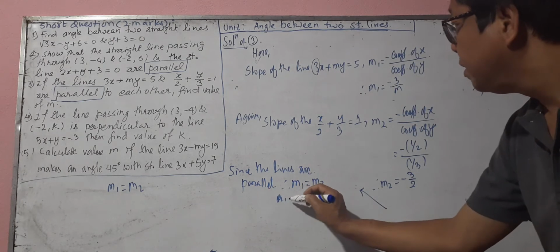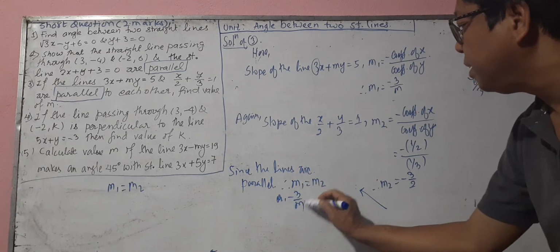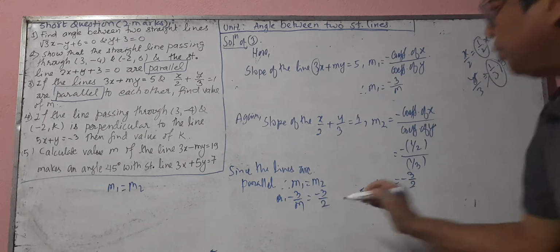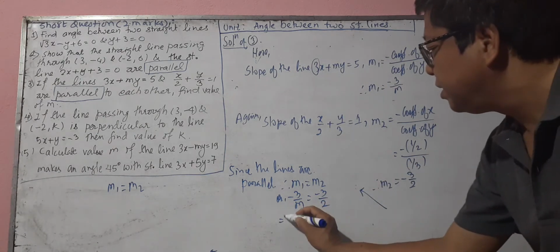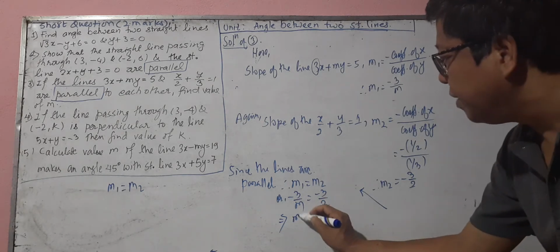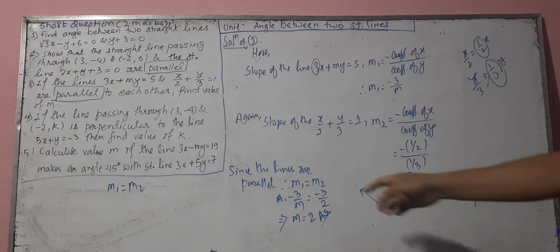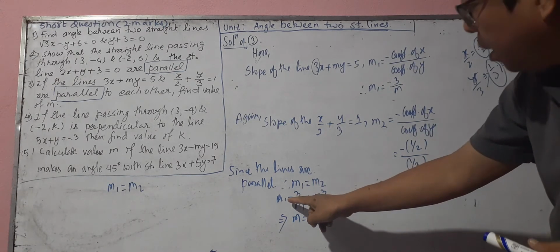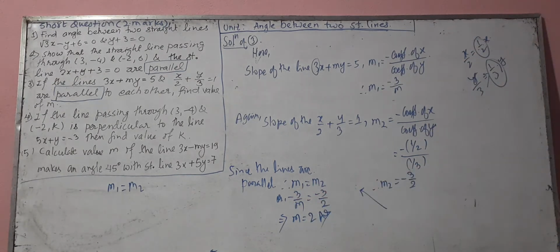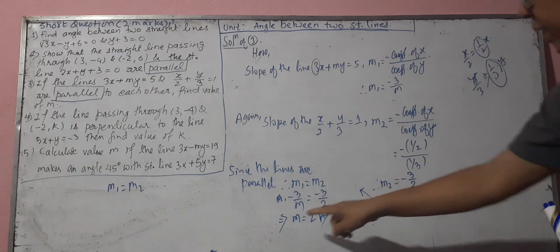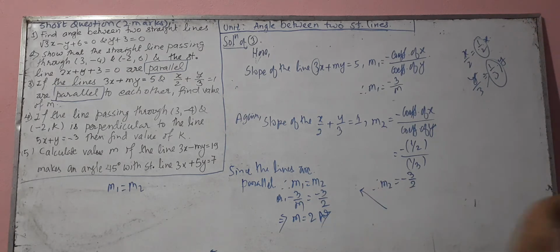That means -3 by m equals -3 by 2. On solving this, we get m equal to 2, since -3 and -3 both cancel, and we get m equal to 2. This is the required value of m.